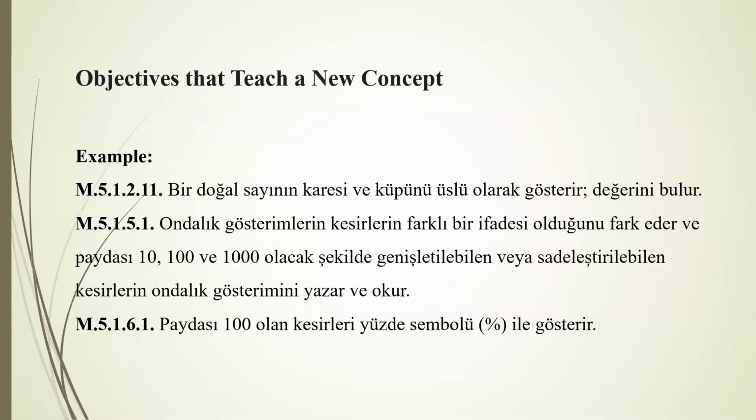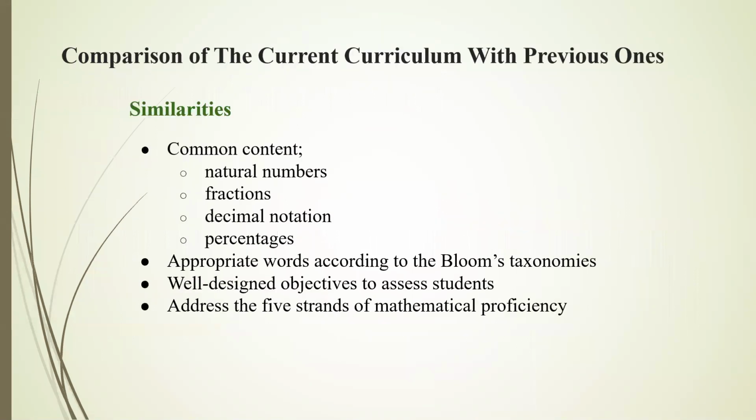For example, exponents are also a new concept for 5th grade students in the subtopic of operations in natural numbers. However, when we compare objectives, we can see that percentages have a different situation. It's a new concept for 5th grade, but it's not included in 6th grade, so we compare it with 7th grade objectives of percentages.